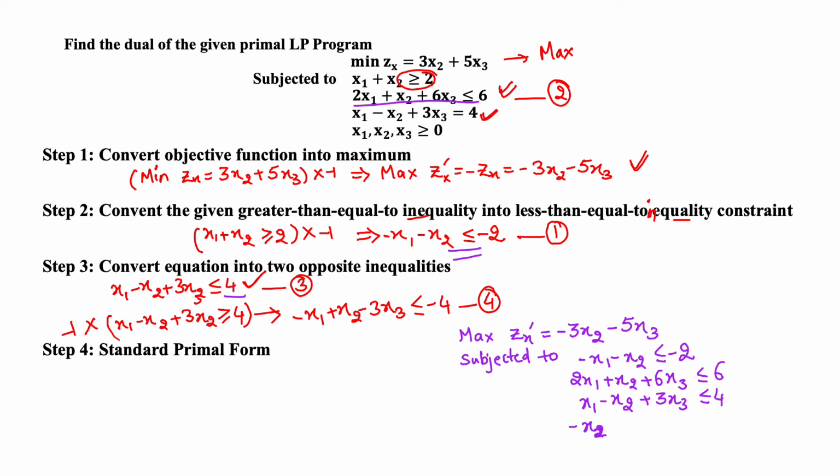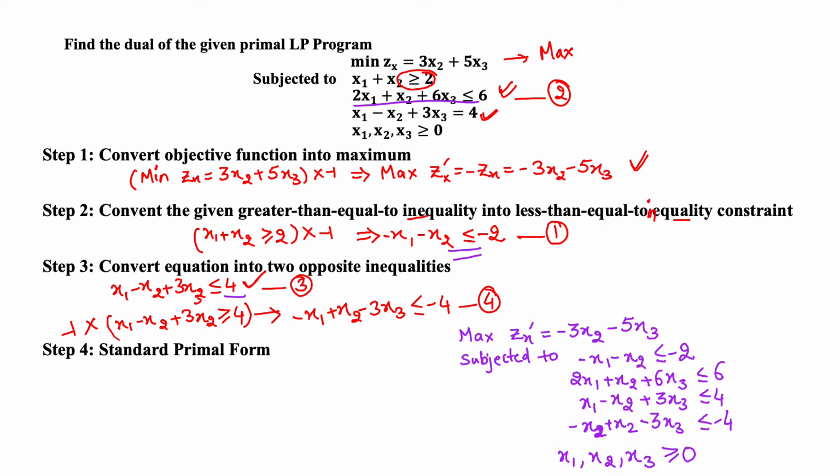Here it is x1 minus x2 plus x3 less than equals to 3, this is negative again, and in less than form -4. So all the decision variables are greater than or equal to 0. So that's my standard primal form.